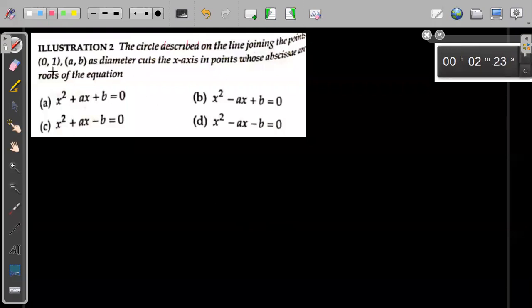On the line joining the points 0, 1 as a diameter, cut the axis in the abscissa. Find the equation of the circle. Very good. Okay, Karthik, let's see. Yes, correct. Yes, very good.